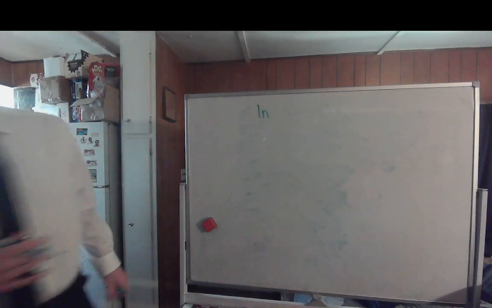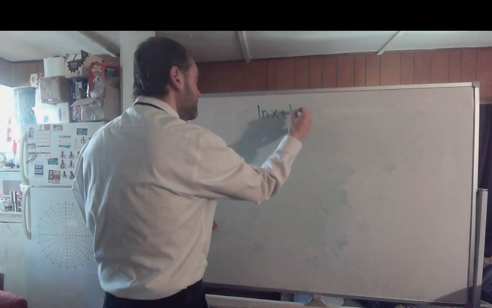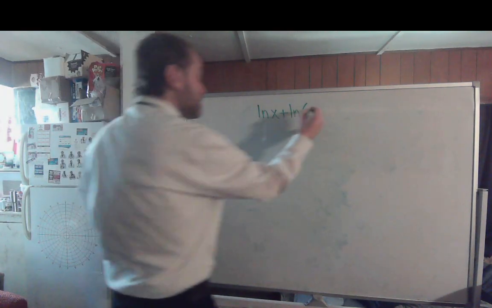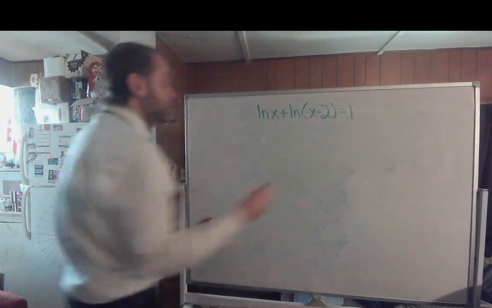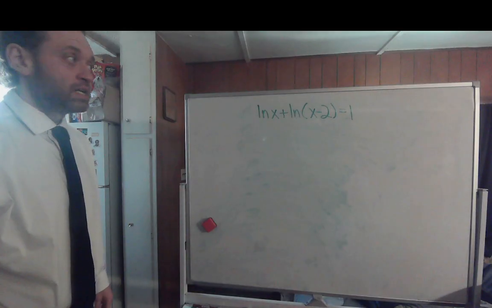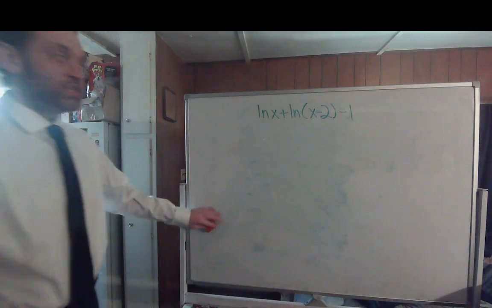Alright, let's see here. So we have the ln of x plus the ln of x minus 2 equals 1. Now how the heck are we going to solve something like that? Excellent question. So what do we do here?